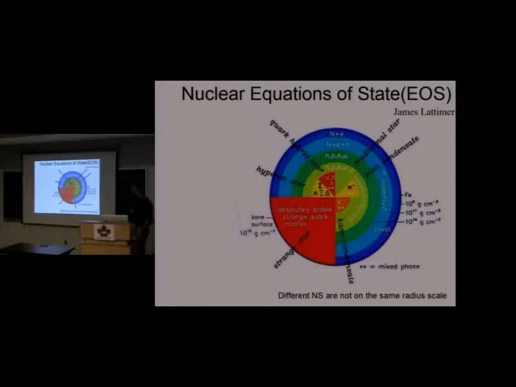And as you go deeper into the crust, the electrons become more degenerate, and the Fermi energy rises until at about 10 to the 11th grams per cubic centimeter, the Fermi energy of the electrons is high enough that neutrons, electrons and protons are more stable as neutrons.